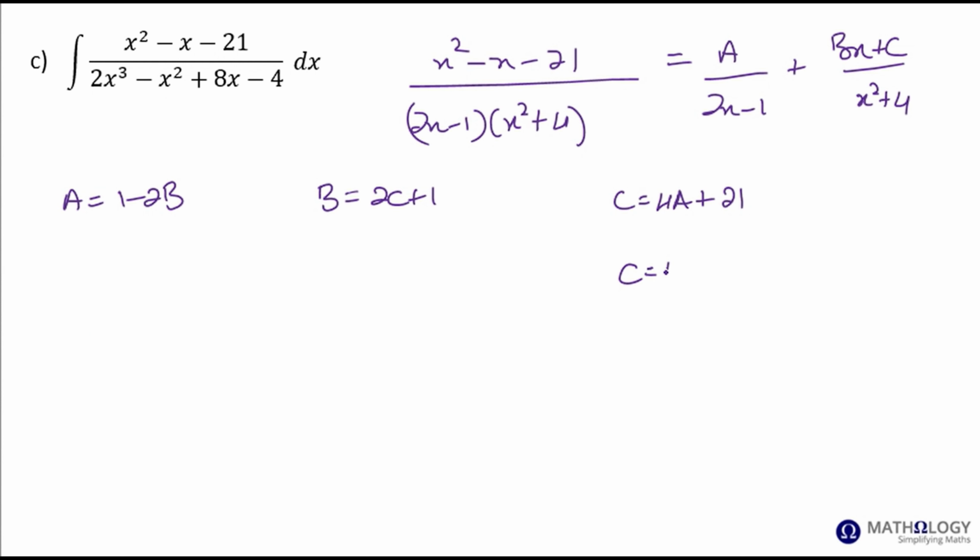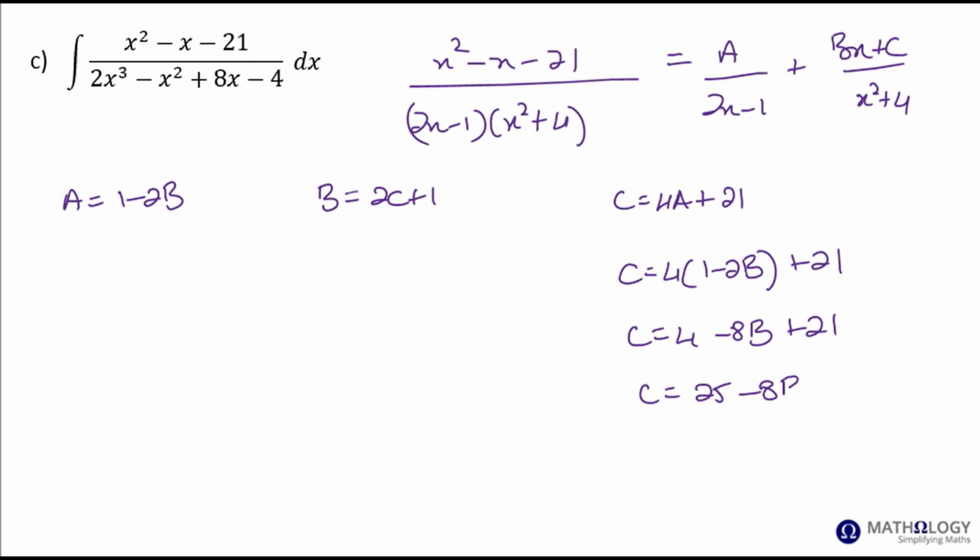So c equals 4 times 1 minus 2b plus 21. C equals 4 minus 8b plus 21. C equals 25 minus 8b. So b equals 2 times 25 minus 8b plus 1. So we're just subbing here.